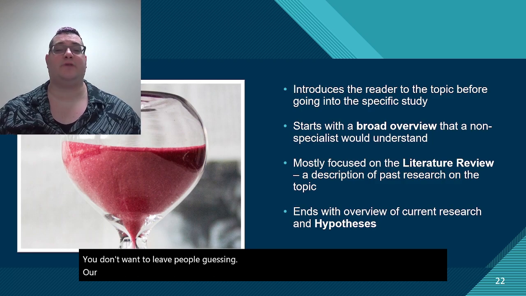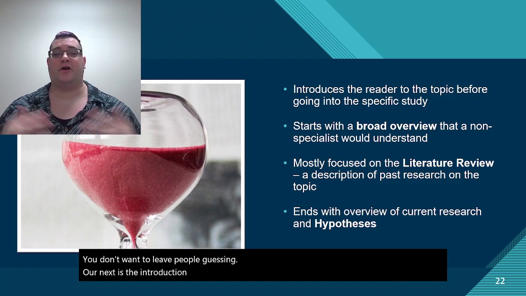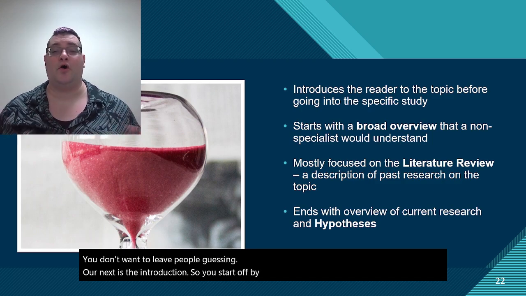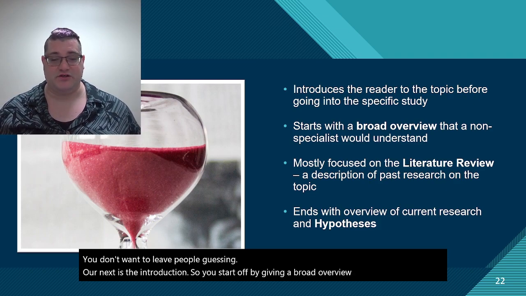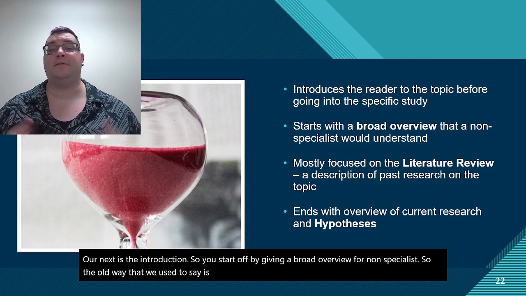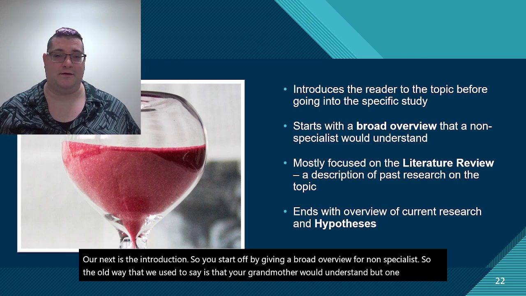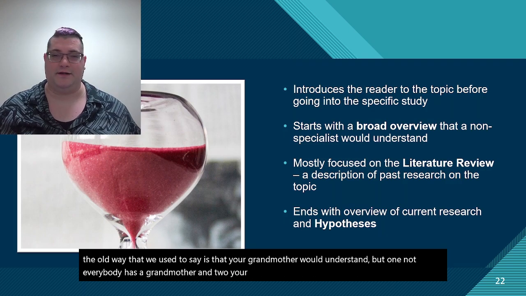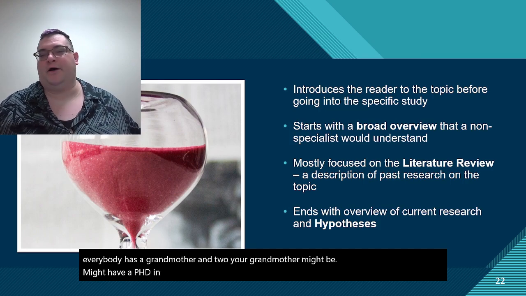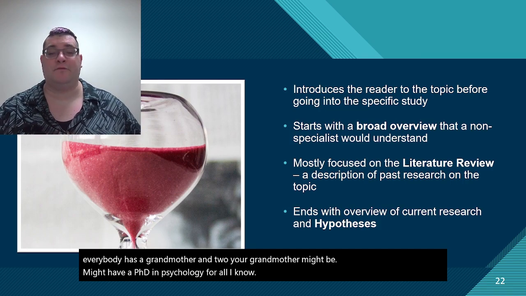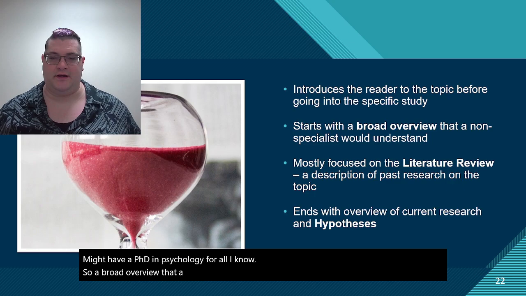Next is the introduction. So you start off by giving a broad overview for a non-specialist. The old way that we used to say it is that your grandmother would understand. But one, not everybody has a grandmother, and two, your grandmother might have a PhD in psychology for all I know. So a broad overview that a non-specialist would understand.